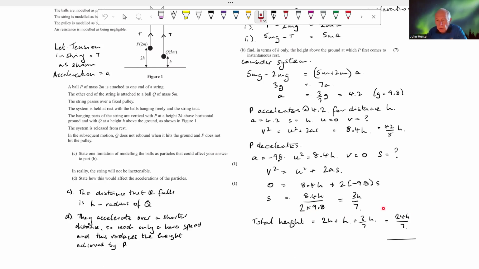So that is the distance it moves during the deceleration phase. If we add all those together, that's the height at which it starts. That is the acceleration phase, which is just h, because that's the distance that Q travels to get to the ground, and then this deceleration phase. Add all those up together, and we get 24h by 7.